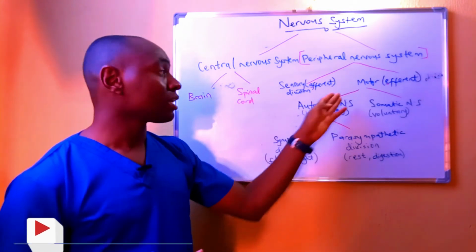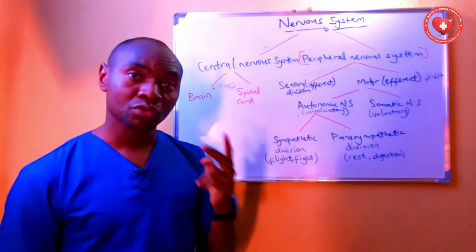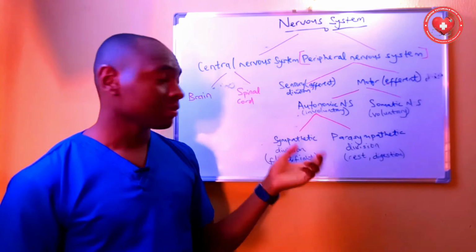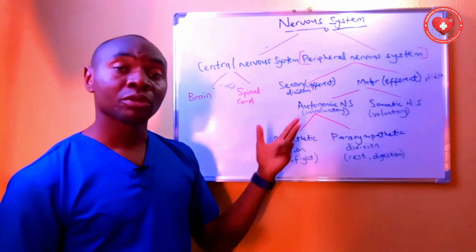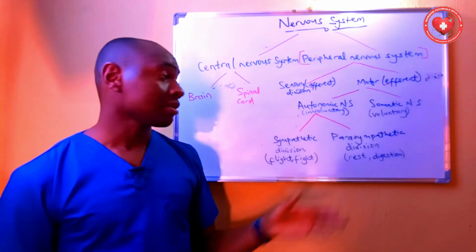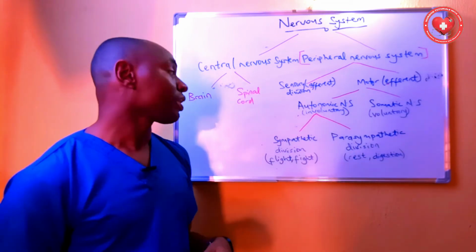Furthermore, we can divide the motor division into two. We have the autonomic nervous system, which is also known as the involuntary aspect of the nervous system. Then you have the somatic nervous system, also voluntary.